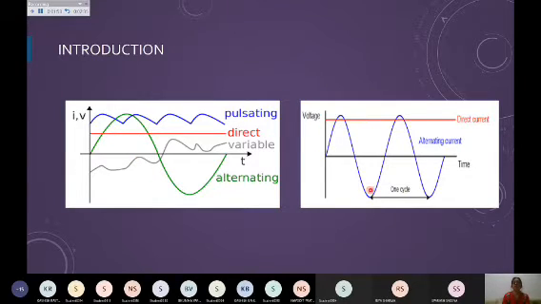And so whatever terms we have for waves, like time period, frequency, and amplitude, that is the maximum displacement from the mean position, all these terms we will be using again.